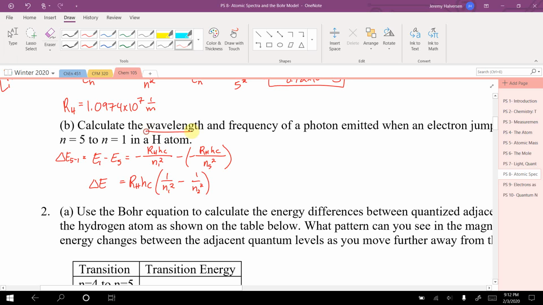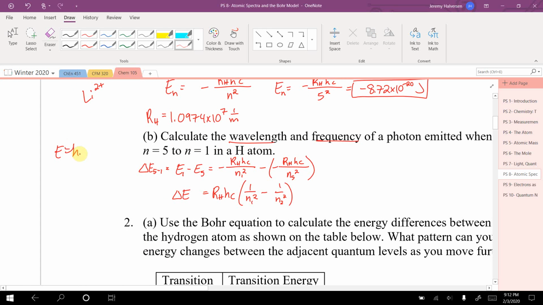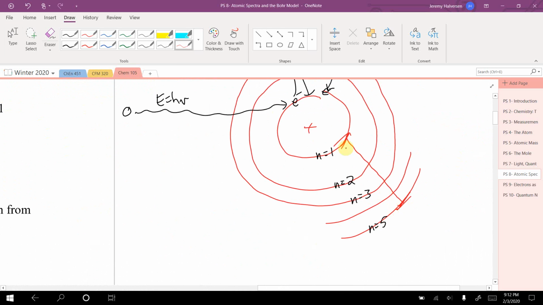Now this is asking for wavelength and frequency. So one way to solve this problem would be to plug in our 5, plug in our 1, calculate our delta E, and then we have equations that relate energy to frequency, energy to wavelength, wavelength to frequency. If we can get the change in energy, that's the change in energy of the electron.